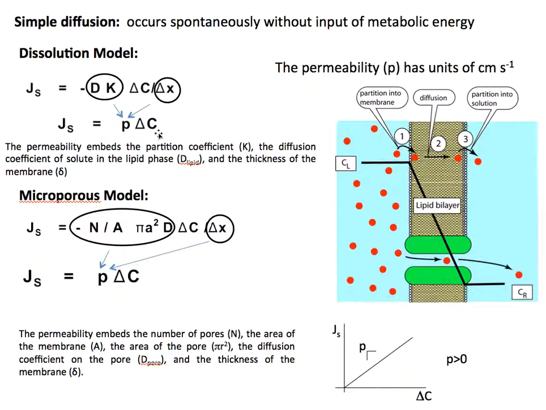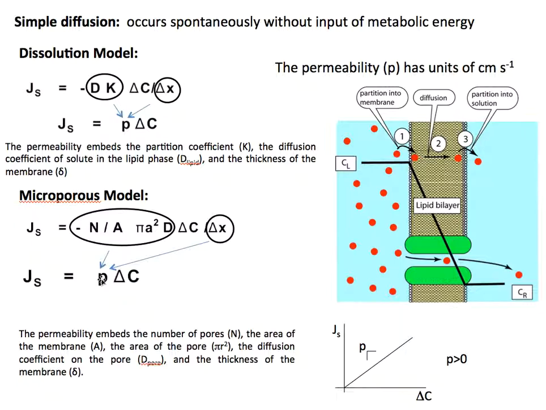The same thing can happen for the microporous model. J_S, the solute flux, is negative N over A, pi a squared D, delta C over delta X. You can combine the terms that are encircled as P. You should also remember that the negative sign also gets combined into P. And P is, again, permeability.